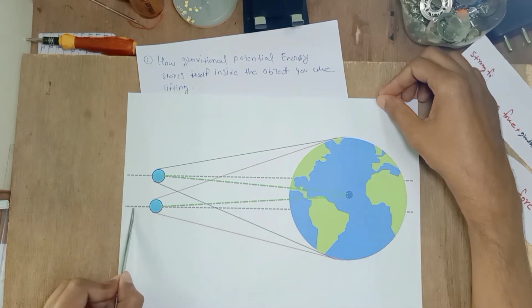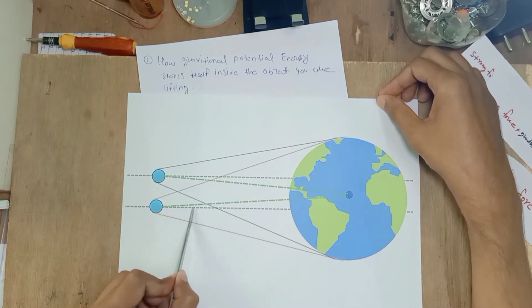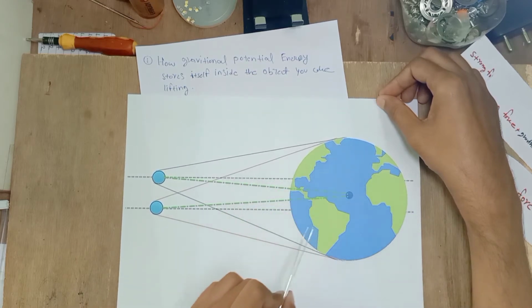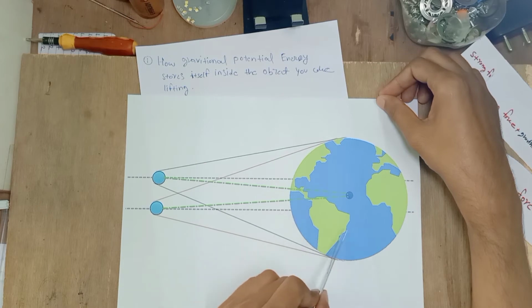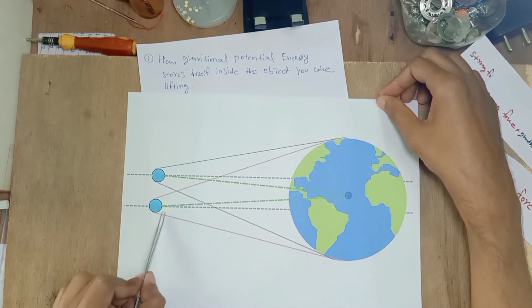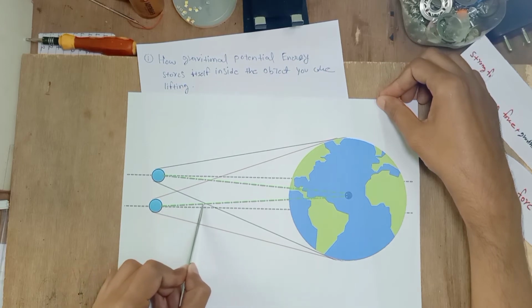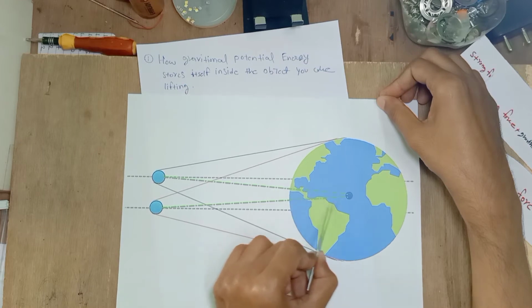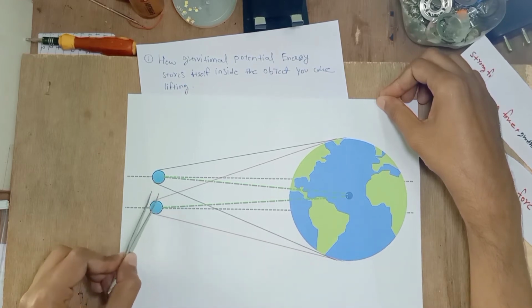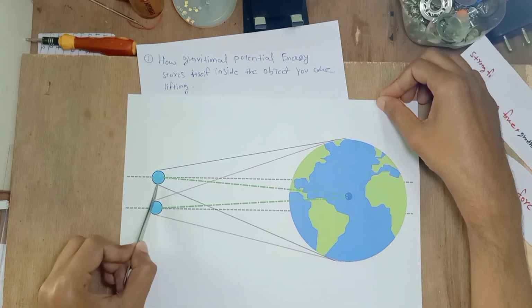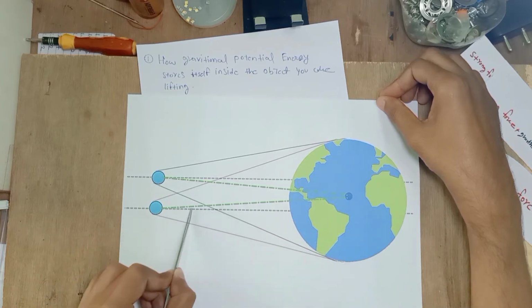If you follow this straight line for this object, then you will see there is huge mass on this side, and on this other side there is not that huge mass. So again the resulting line for this object will be this green line. So if these two particles want to go toward Earth, then they have to follow these green lines.